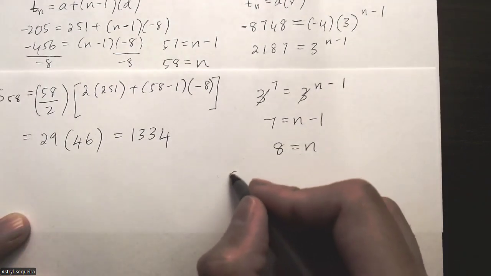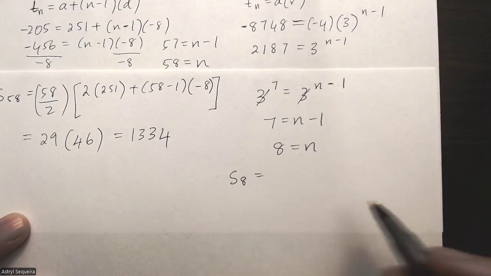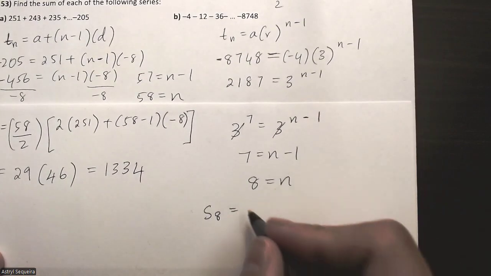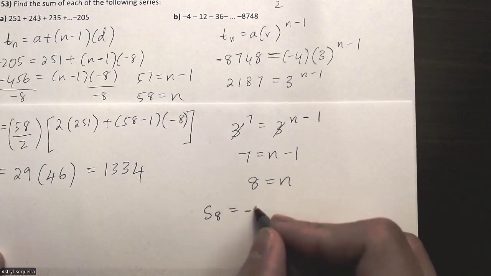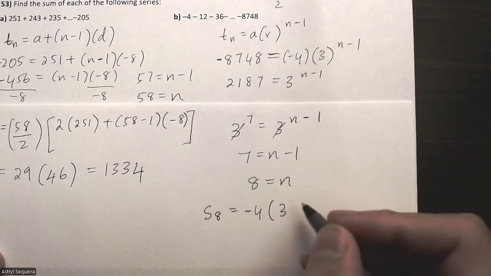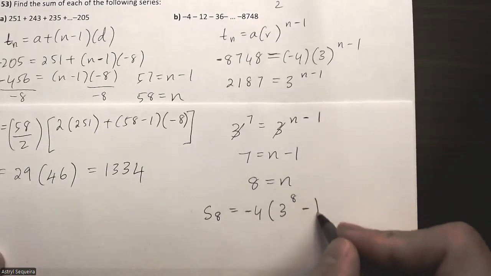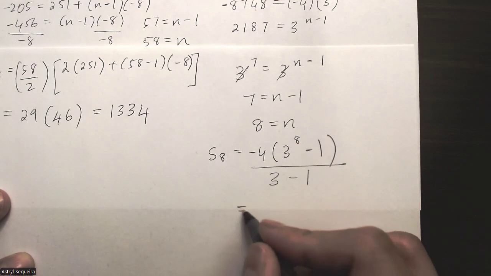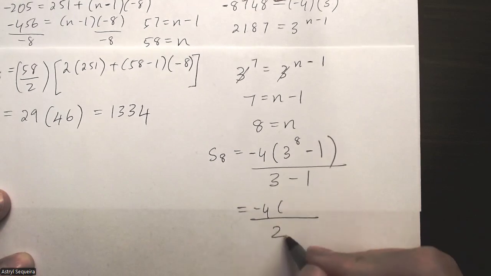And now I have to find S8, the sum of the first 8 terms in the series. I'm using my geometric equation for this one. So that's A times r to the power of n minus 1 divided by r minus 1. Bottom is just 2.